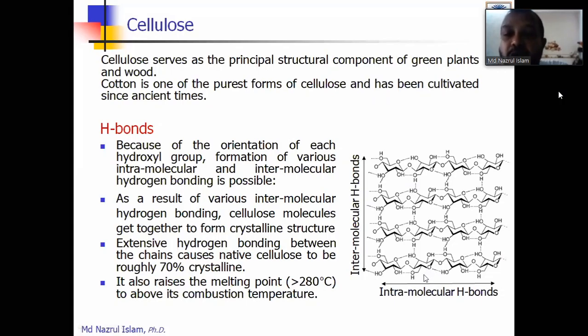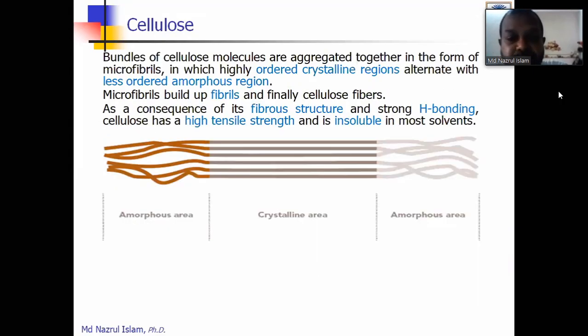Because of the stronger inter- and intramolecular hydrogen bonds in the crystalline region, it will not absorb moisture. In the amorphous region, the hydrogen bonds are weaker because of irregularities of orientation, so it can absorb; it has an affinity to water. We have mentioned this earlier already.